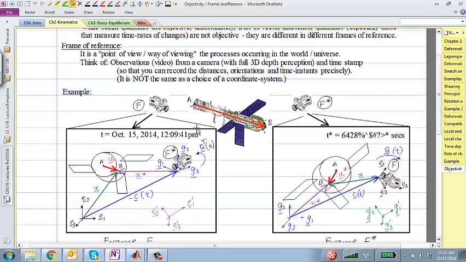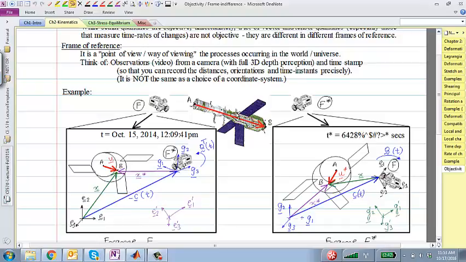Let's say I have some physical process going on in this space shuttle. It's floating up there in space somewhere, and there are two observers. Each has their own frame of reference. One I'm calling F, and the other F star. They are both trying to record changes in length or deformation of this body, which is undergoing some physical process of deformation.